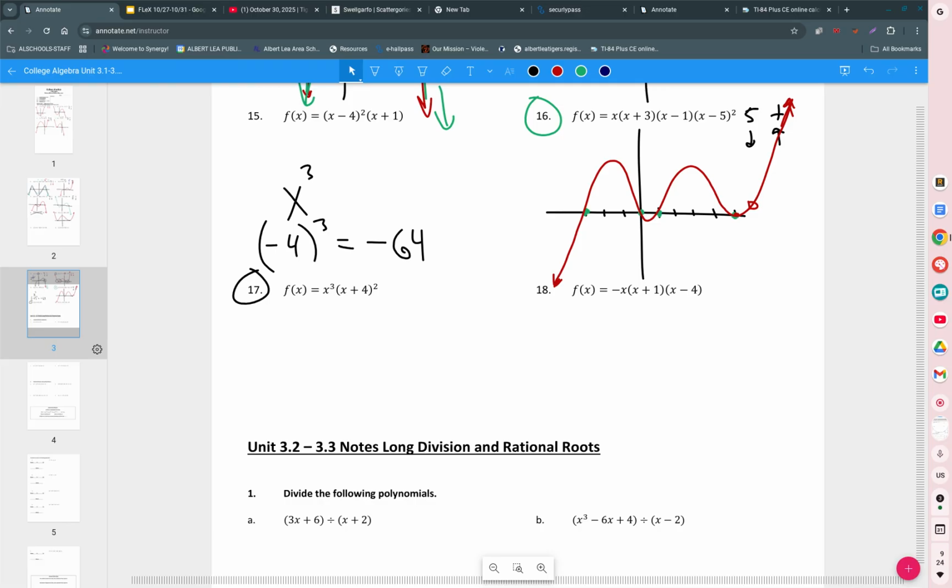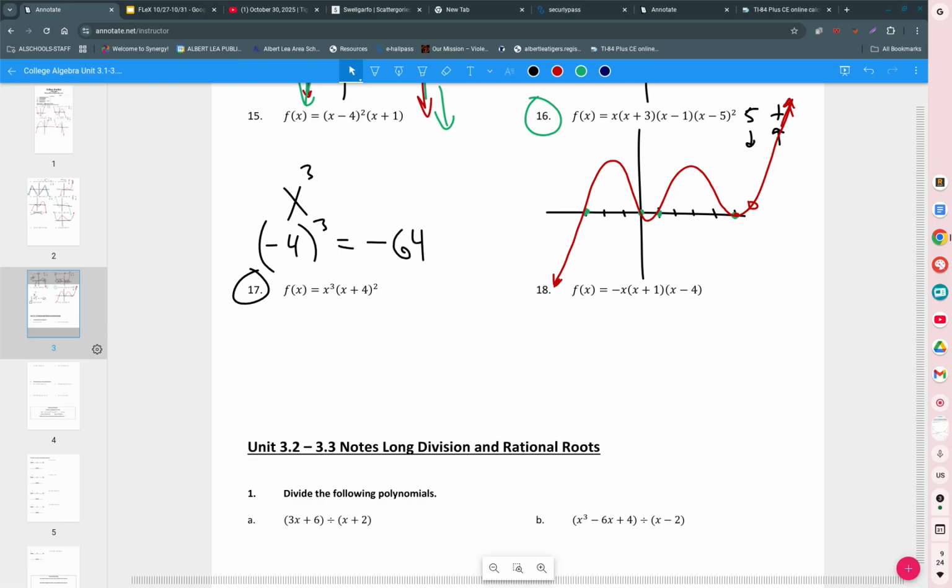You agree that that's even? Fourth degree, it's positive, so it starts up. As I look at this, it's got a double root there.